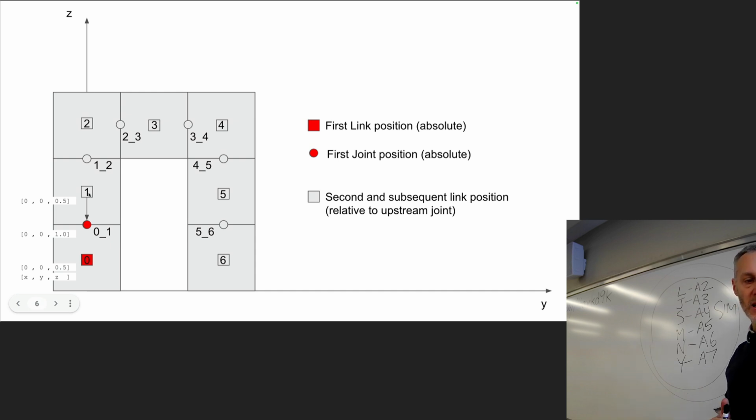So this particular link here, link 1, which we know in absolute coordinates has a height of 1.5 above the ground, when we specify the coordinates, we actually set them to 0, 0.5, indicating that the center of this link is 0.5 units above its upstream joint.